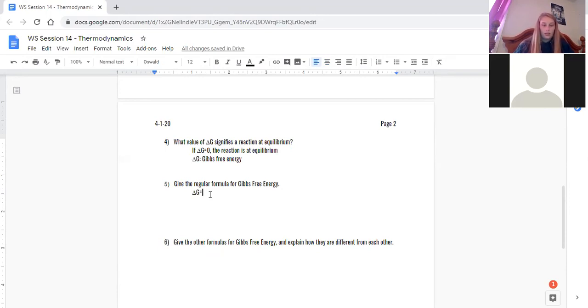We're talking about the one that starts with delta H, looks like the little degree symbol. I can probably put that in here. Let's see.